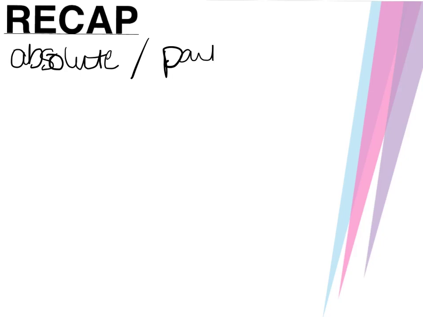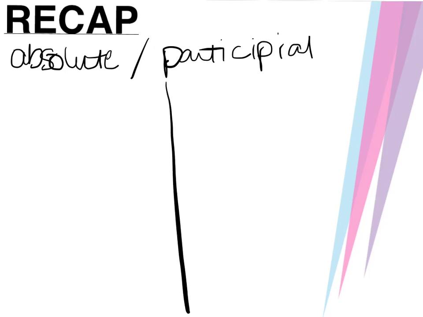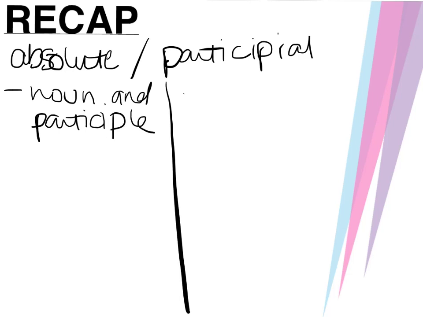So let's quickly recap here. We learned about the absolute, and we learned about the participle or participial phrase. With absolutes, you're looking at the noun and the participle, whereas the participial phrase only looks at the participle of the verb.